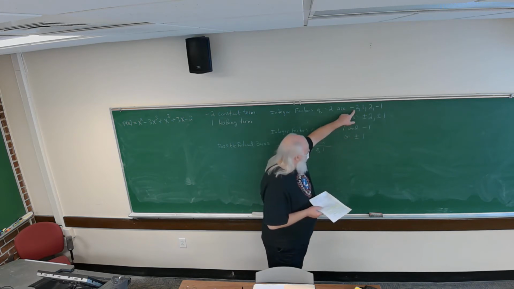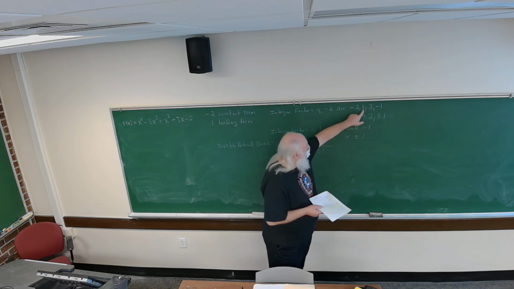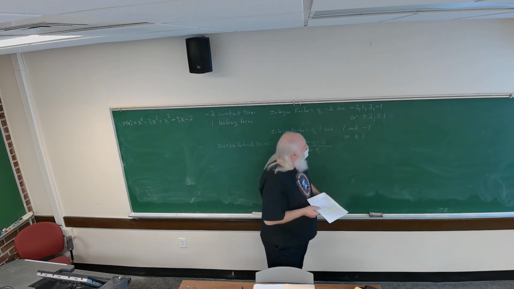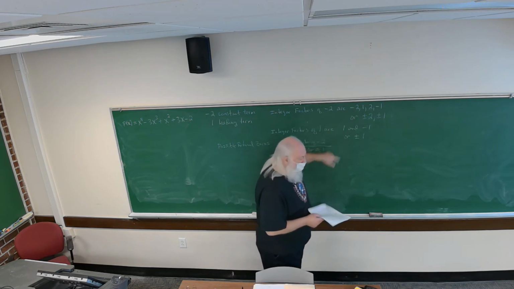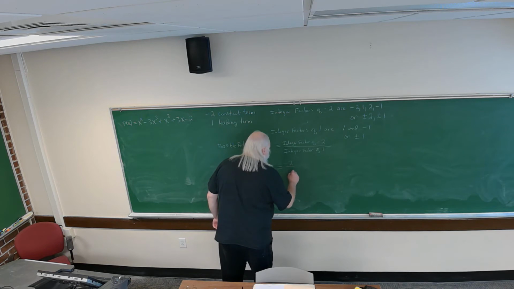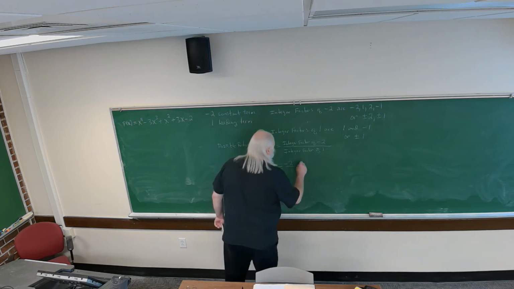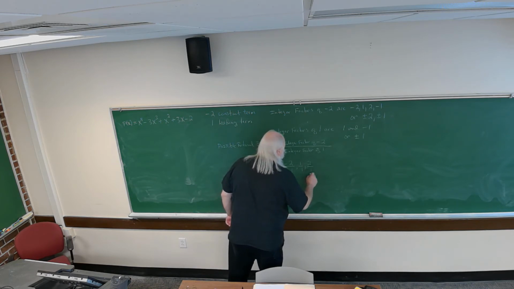So we take minus 2 divided by 1, minus 2 divided by negative 1, plus 1 divided by 1, plus 1 divided by negative 1. First I'm going to take all these 4 numbers and divide them by 1. So what do I get? Minus 2 over 1, 1 over 1, 2 over 1, and minus 1 over 1.